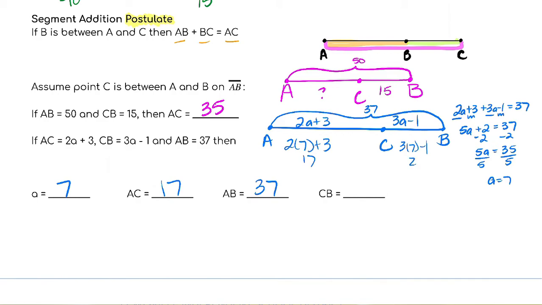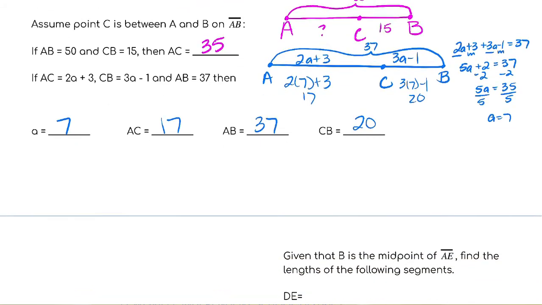So that's going to be 20. So my picture was not to scale. CB was longer than AC, but that's okay. So we use the segment addition to add the pieces equal to the total segment there and solve for a variable and plug it in if they want us to find the pieces.